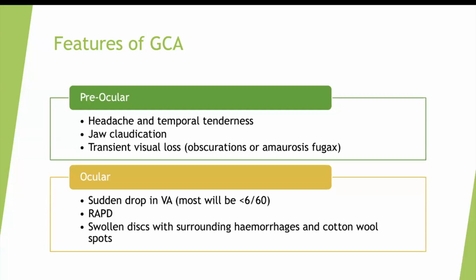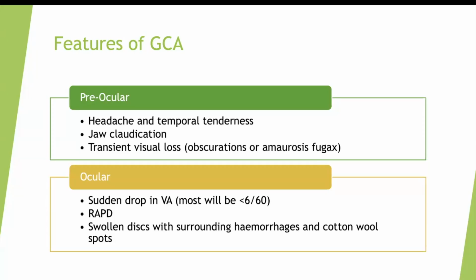And then once they actually have ocular GCA, full-blown arteritic ischemic optic neuropathy, they'll have a sudden vision loss, and it will actually be quite a dense vision loss. So they'll typically come in with vision less than 1 logMAR, and they'll really have quite dramatic vision loss in that eye.